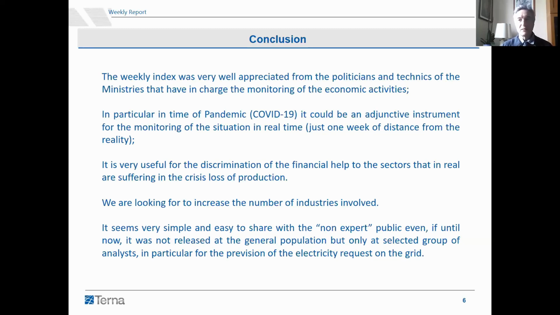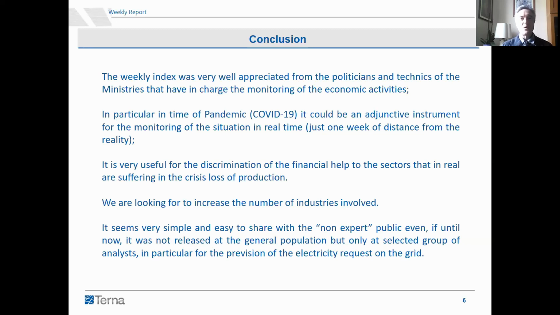This is because it was recognized as a very useful index, simple information that can be understood by a lot of the population and a lot of analysts.